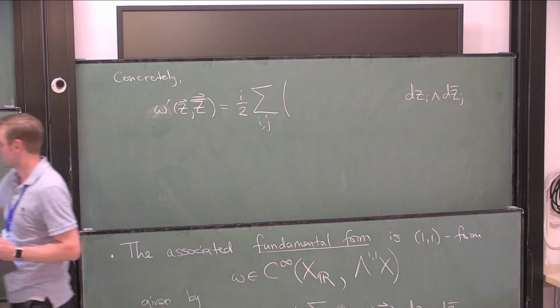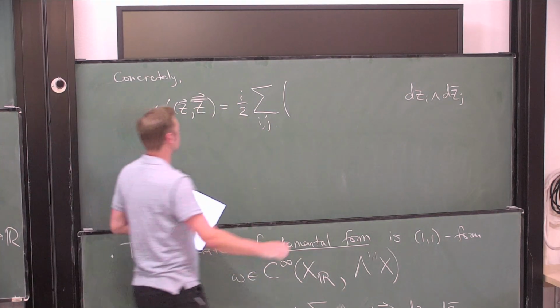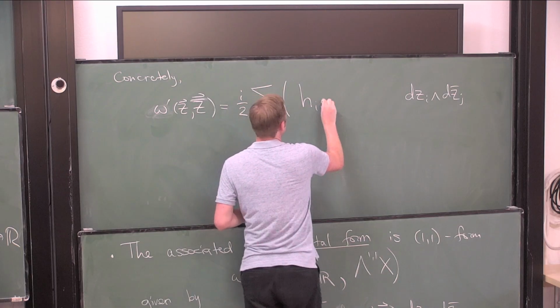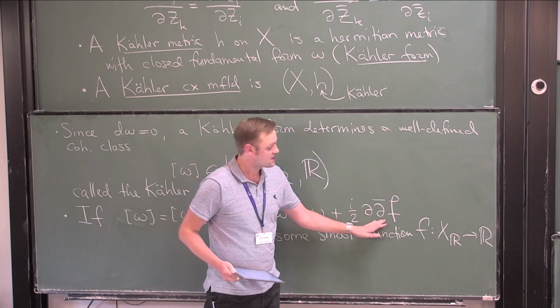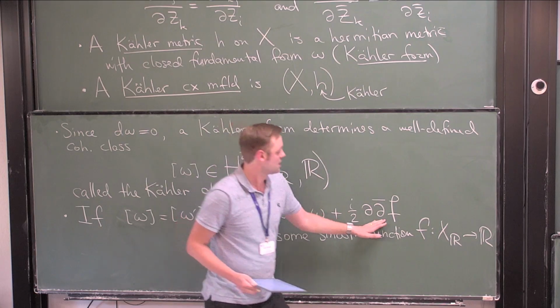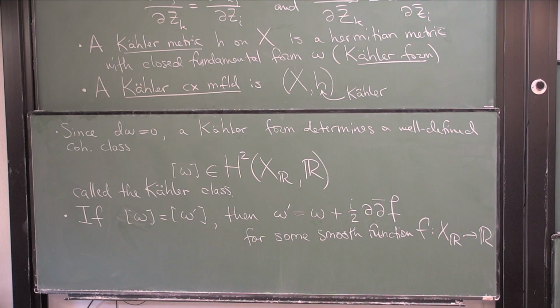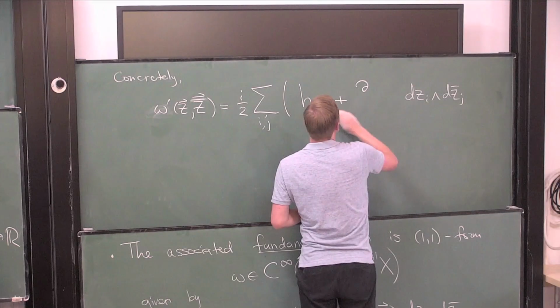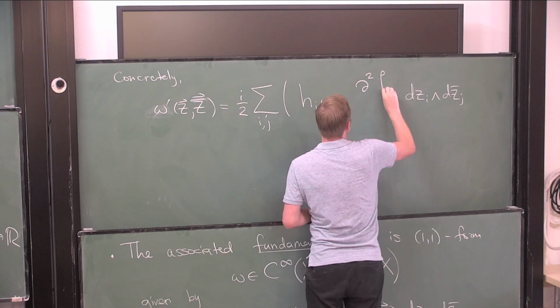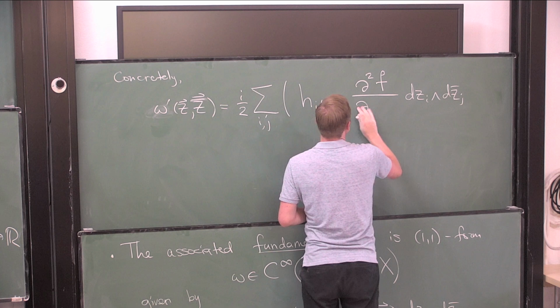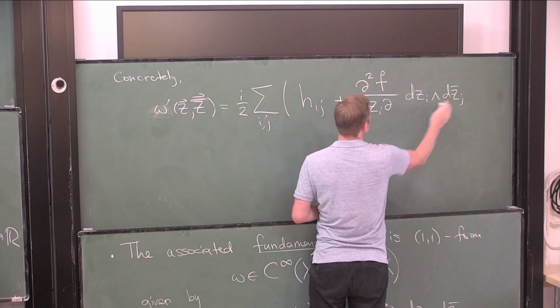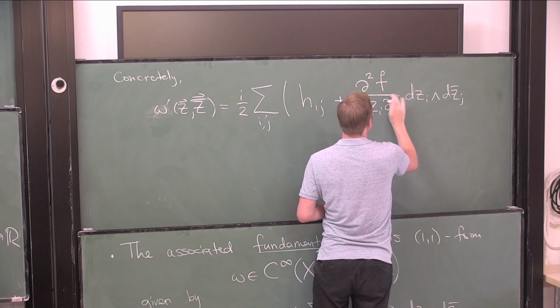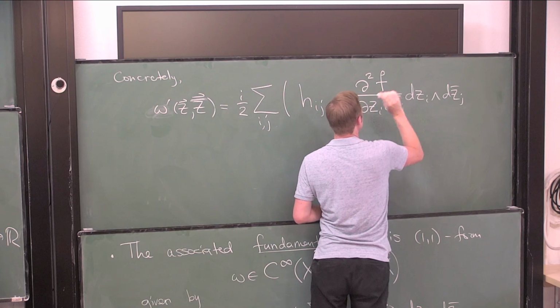And what I'm saying here is that I can express it in terms of omega. Omega, of course, was given by this matrix H_ij. And the difference between omega and omega prime is something which we call dd bar exact. So that means the coefficients are modified by a second derivative of some function f with respect to the two coordinates z_i and z bar j.